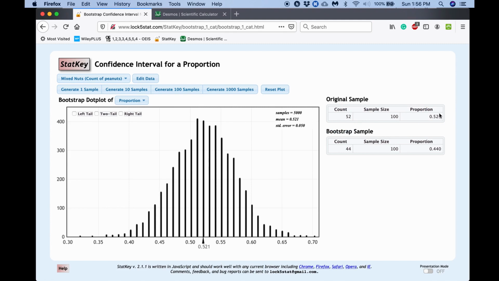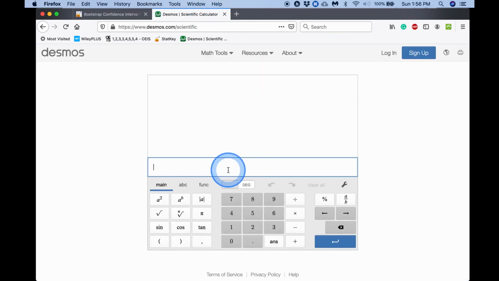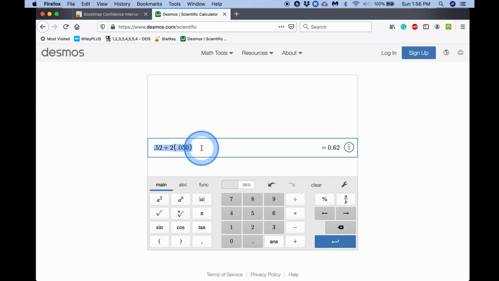To finish calculating our confidence interval, we just have to do a couple of simple calculations. We need to take our 0.52, and we need to add 2 times SE. And we need to take that same calculation, let me just copy and paste, and this time with a minus sign.